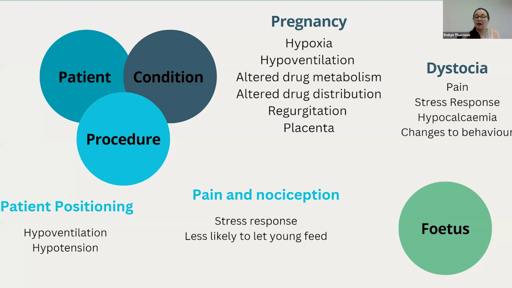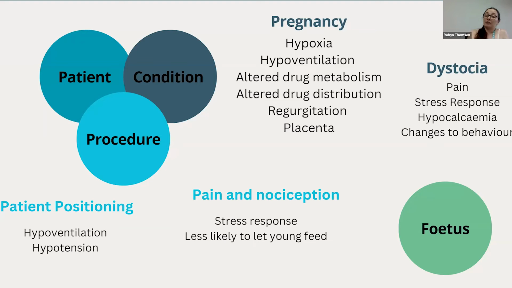We're going to have a reduced FRC, functional residual capacity, which is the really important part of our lung volume that allows us to remain oxygenated even when we have pauses between breathing. We're going to have potentially reduced thoracic compliance. We have a smaller tidal volume. Our respiratory rate, though, will increase to try and compensate for that. But basically, all of this leads to an increased risk of hyperventilation and hypoxia when we anaesthetize these patients.